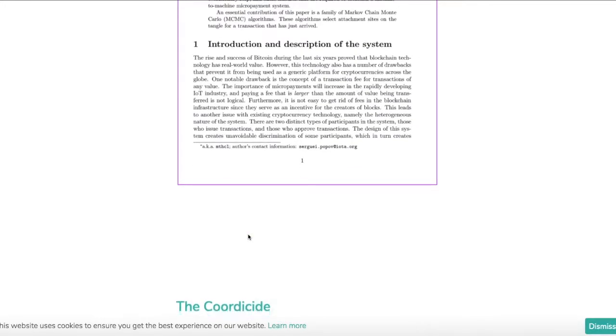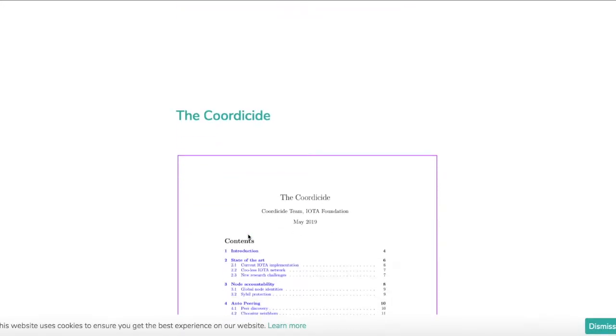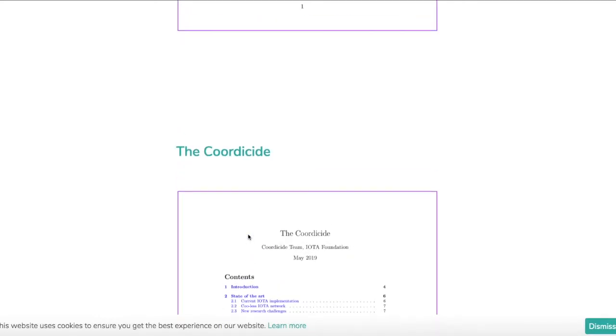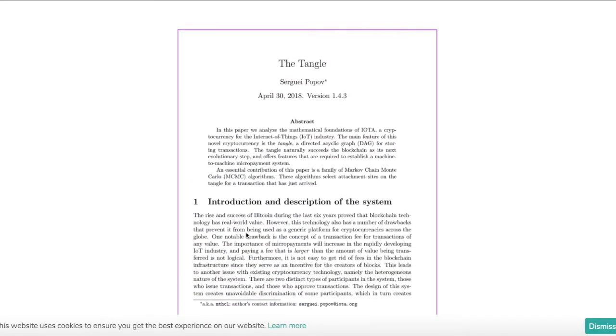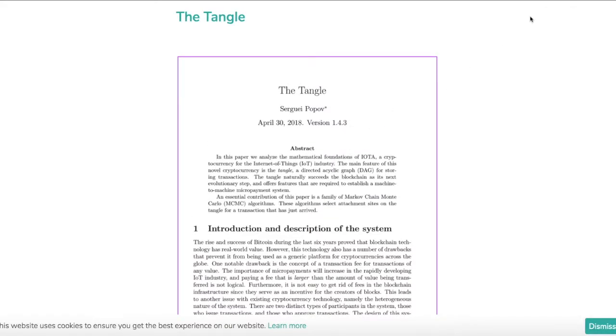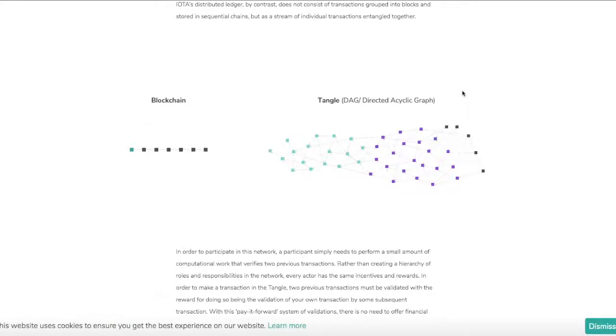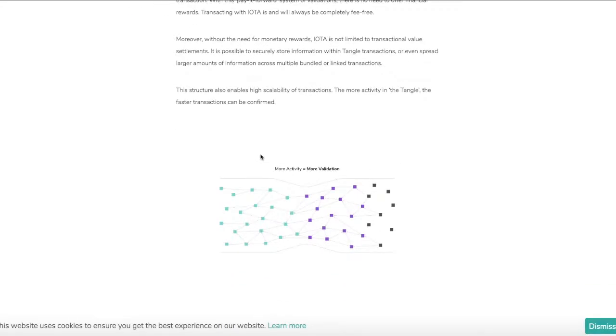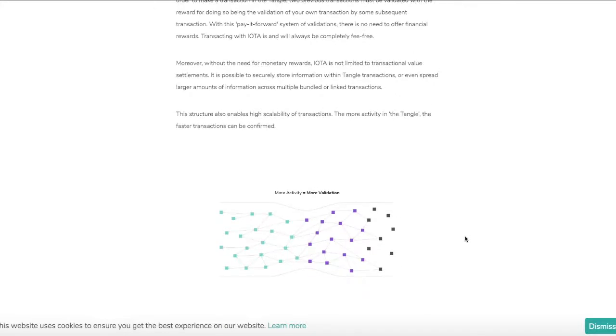So those two confirmed transactions are chosen via an algorithm to then confirm the new unconfirmed transaction, as well as that the new transaction also needs to do a little bit of proof of work and solve a little bit of a cryptographic puzzle. Once that is done successfully and accurately, the transaction is then made, validated, and published.